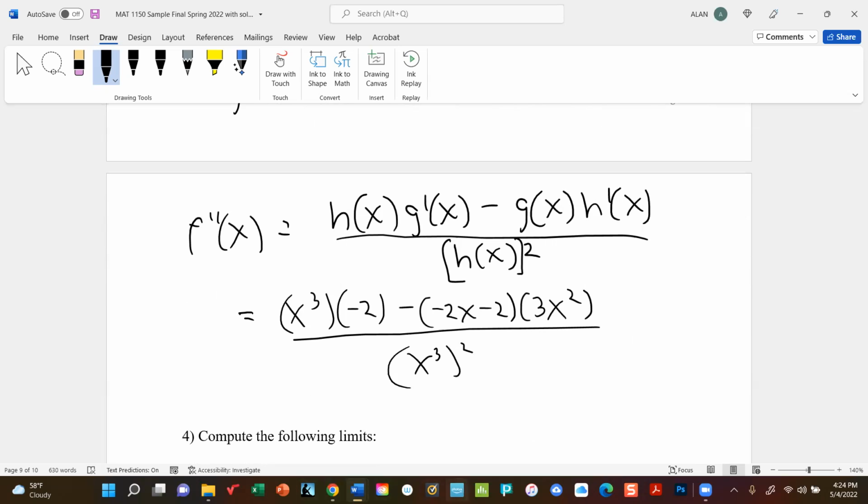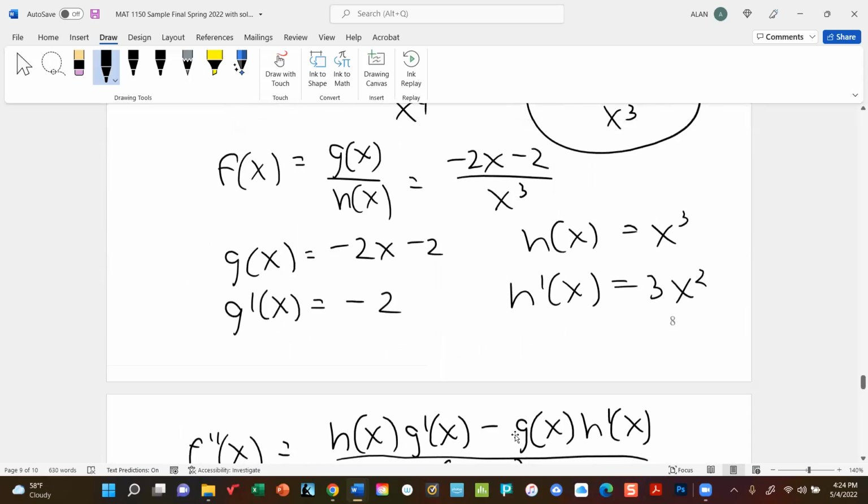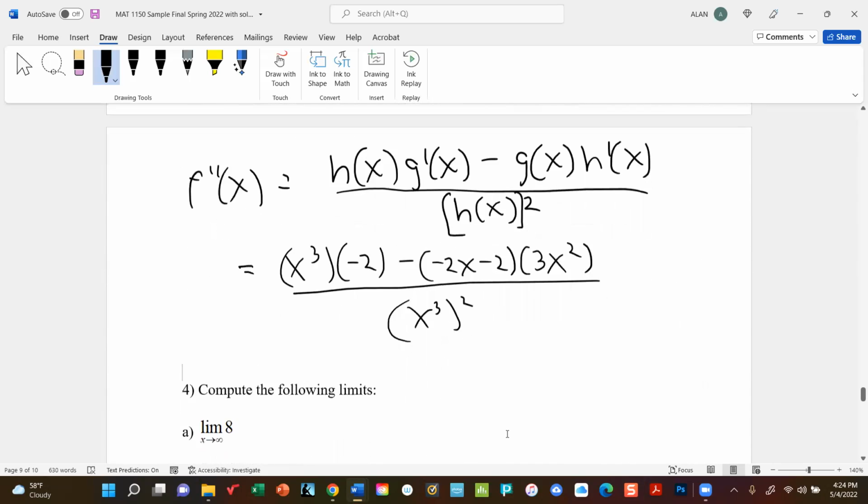Okay, so just leave it like that. That's fine. It's such a mess. I mean, you could clean it up a little, I suppose, but it's not really worth the trouble.